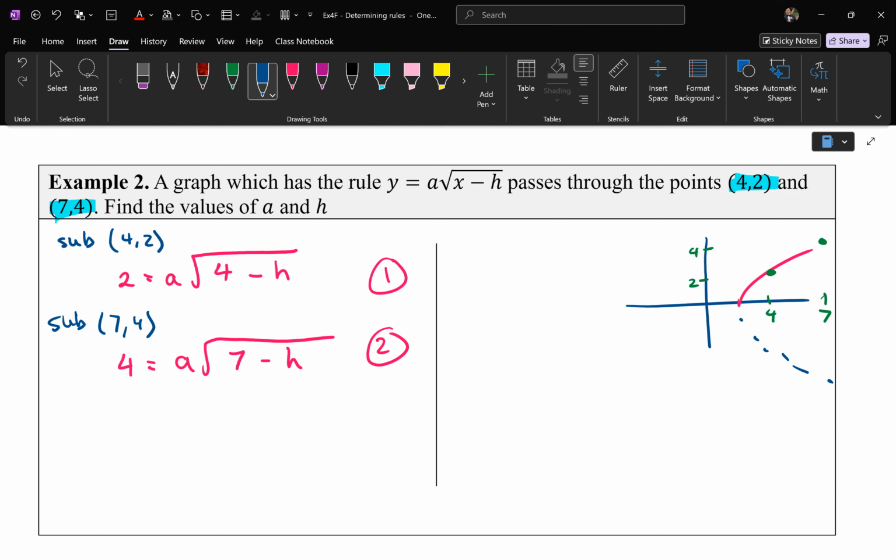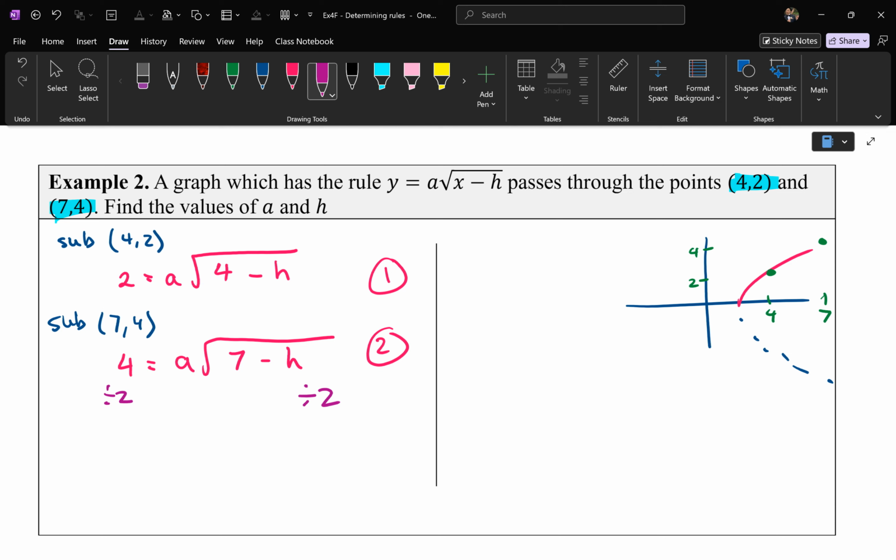So what I can say here is, why don't I divide this 4 by 2, because that's a 2 there? So I say, take equation 2 divided by equation 1, so 4 divided by 2, and that means whatever you do to the left, you do to the right. Now if I divide this by 2, that's hard. We can't do that.